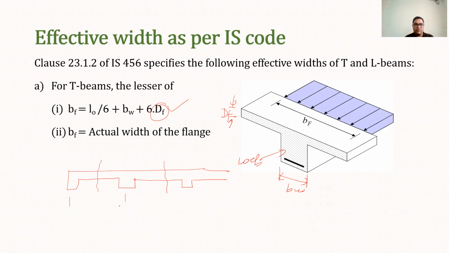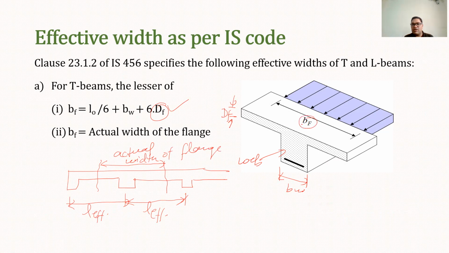So if this is the effective span, this width that we have taken, center to center of the span, is considered as the actual width of flange.